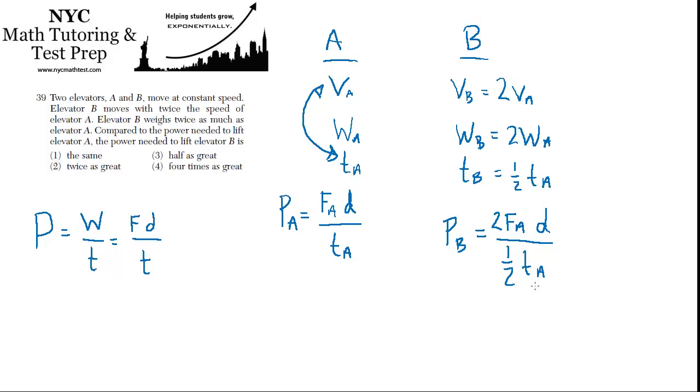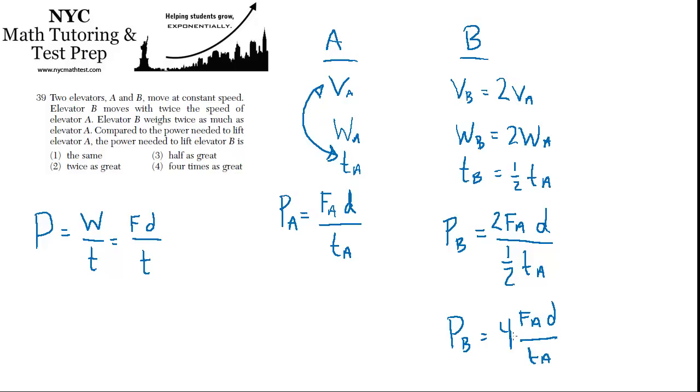1/2 of time A. So now if we take this expression and take those constants out front, we can rewrite this as 4 times FA times D times TA.